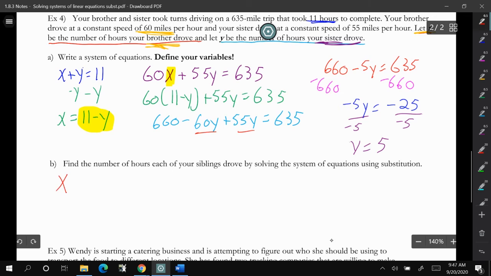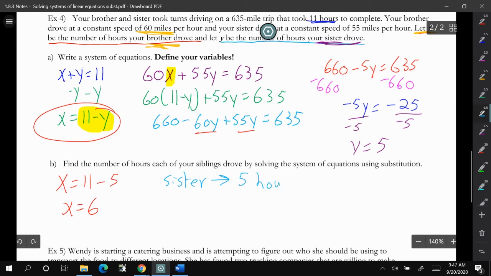Now we can say x equals 11 minus y from this equation right here, which is 5. So x is 6. So this means sister, that was 5 hours, and brother was 6 hours.